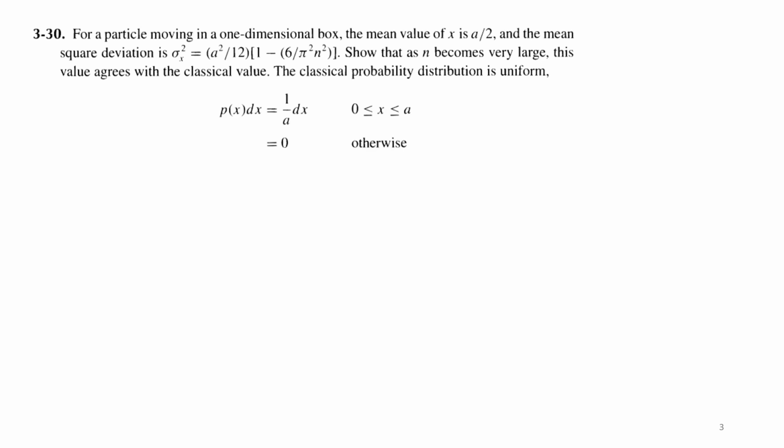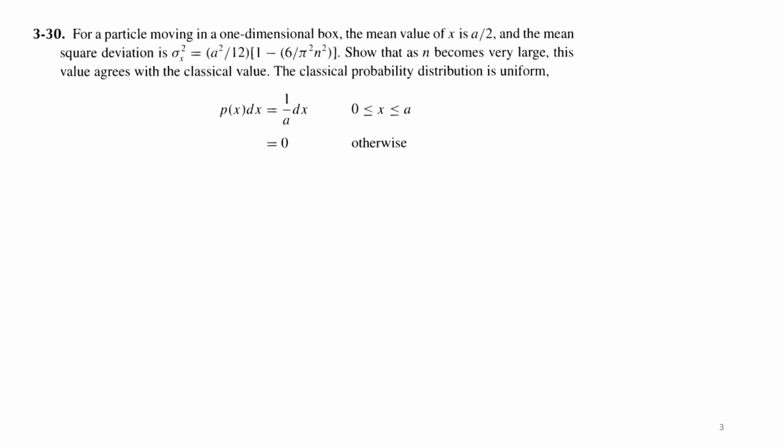So we have to show that when n becomes very large, these values agree with the classical values, where the classical probability distribution is uniform, given by p of x dx equal to 1 by a dx for x between 0 and a, and p of x is 0 for other values of x. It is just the particle in a box problem, and the classical probability distribution is given.